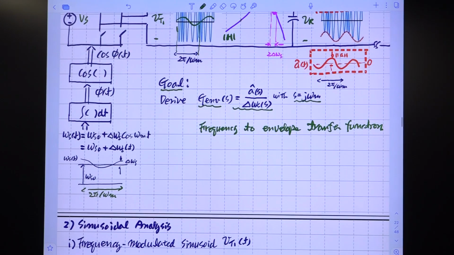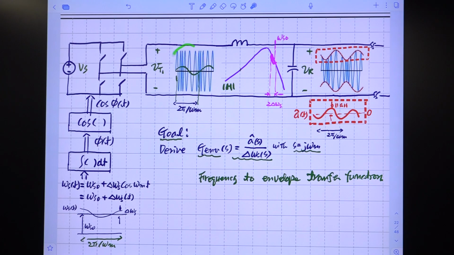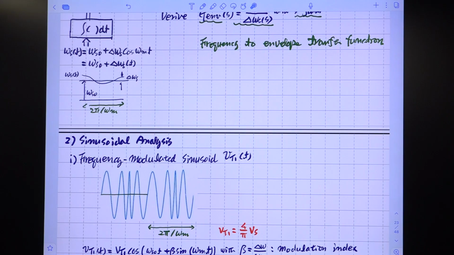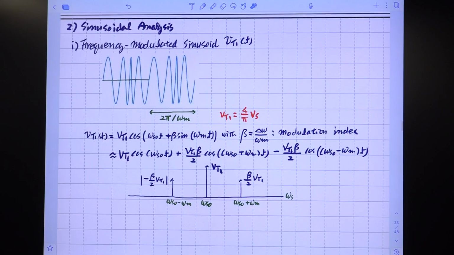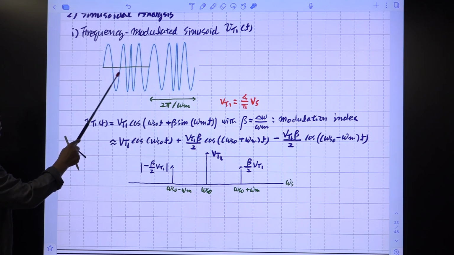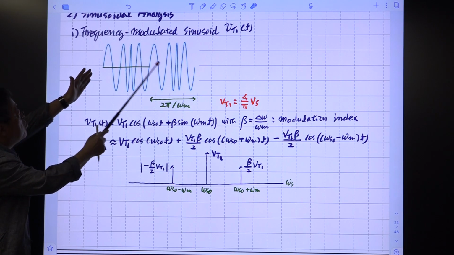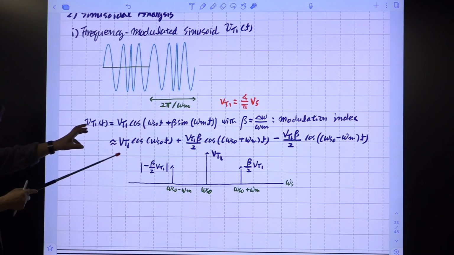First, this VT1 signal shown here is repeated here. Consider this as the VT1 signal. Again, the sinusoidal variation frequency of this signal is omega m, and the modulation frequency and the switching frequency are very different.